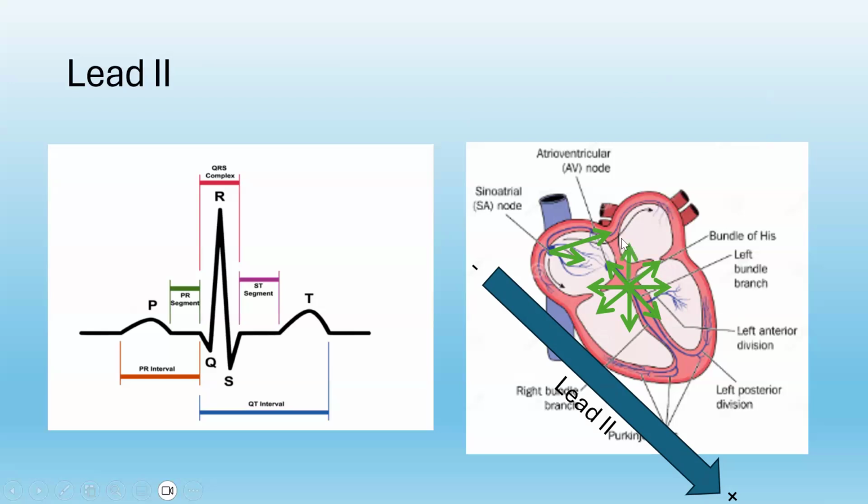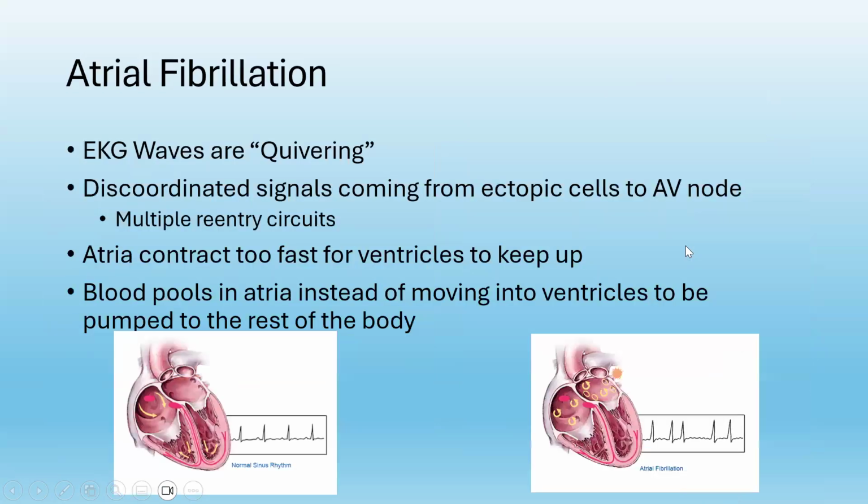Then you also have this last portion of the impulse at the bundle of His going towards the negative, which causes that repolarization again at the S portion of the wave. And then again, you have the electrical impulse here causing the T wave since it's going that way.